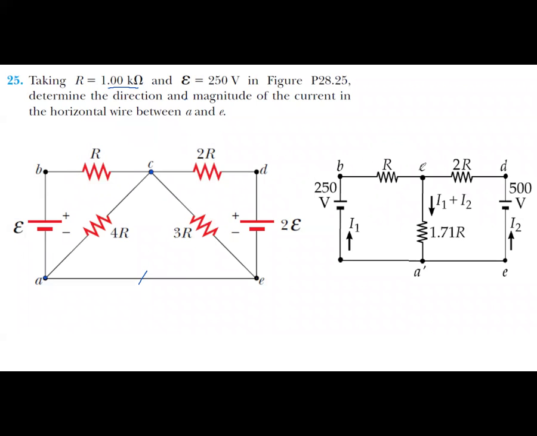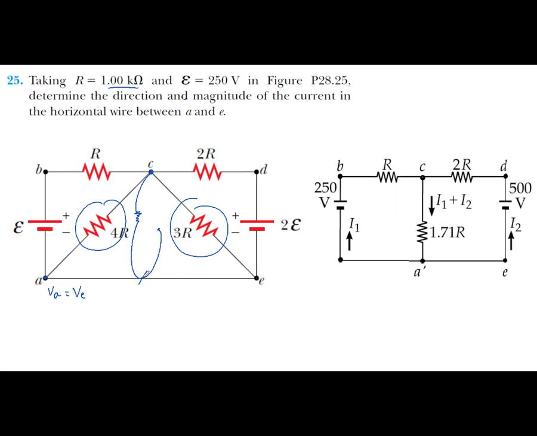And C and this one and this one are parallel, okay? Because the voltage VA equals VE, so it's the same point. You can put it like this.